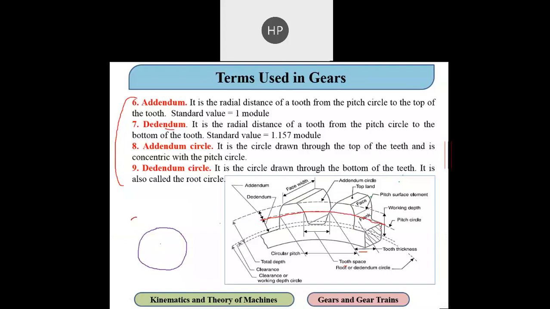Now if I take one point over here on tooth 1, and the corresponding, the same point on the next tooth over here, and I measure the distance along the circumference of the pitch circle, this distance is known as a circular pitch.